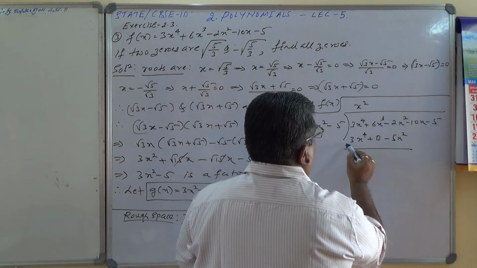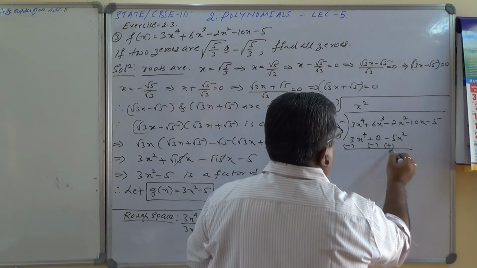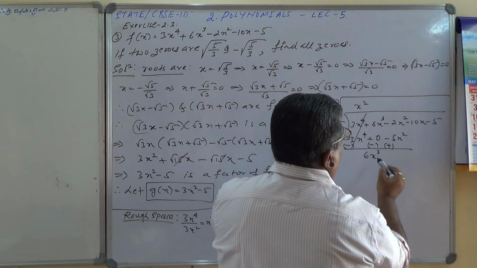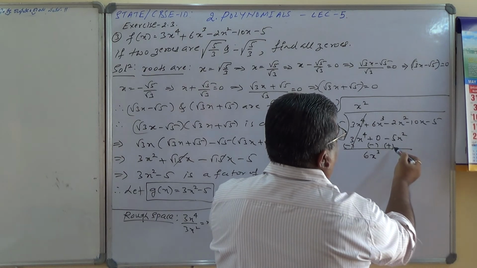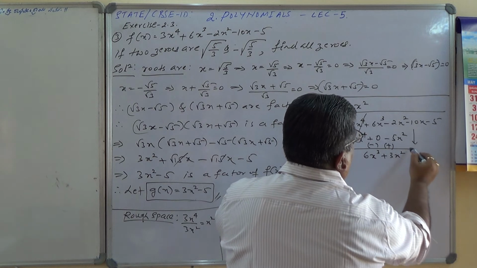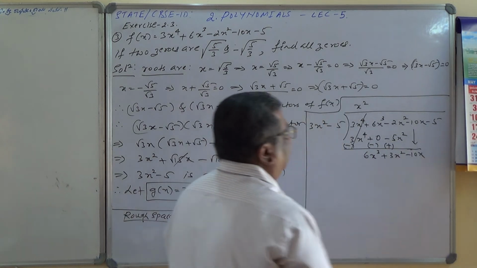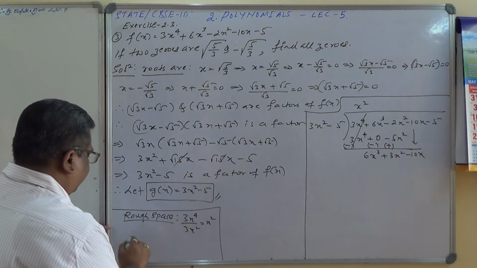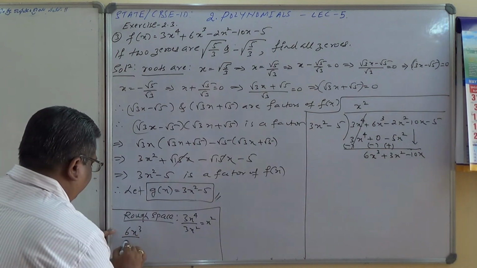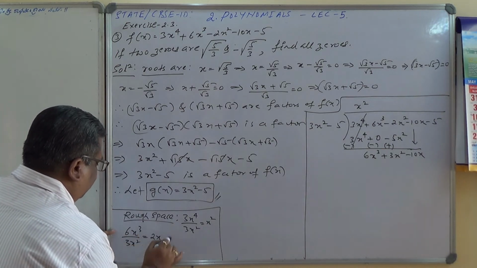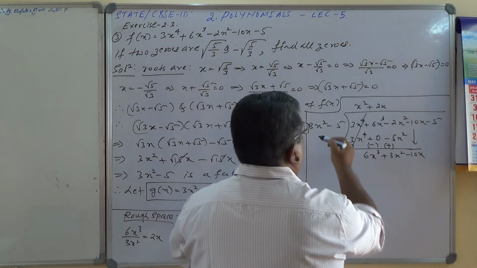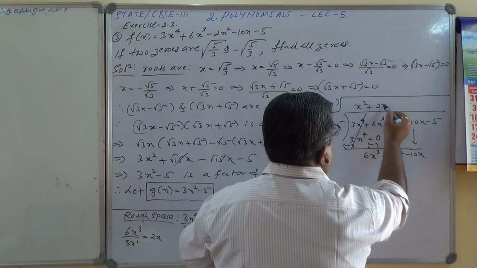Change the signs. Minus, minus, plus. This will cancel. This will become 6x cube plus 3x square. Pull down. Next is minus 10x. Second term of the quotient: 6x cube divided by 3x square, which is equal to 2x. So plus 2x.